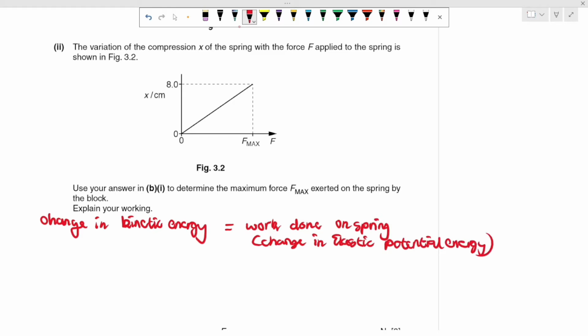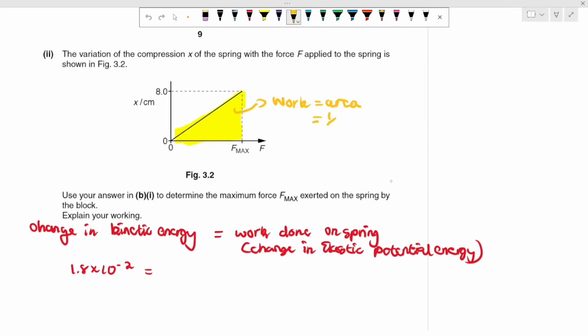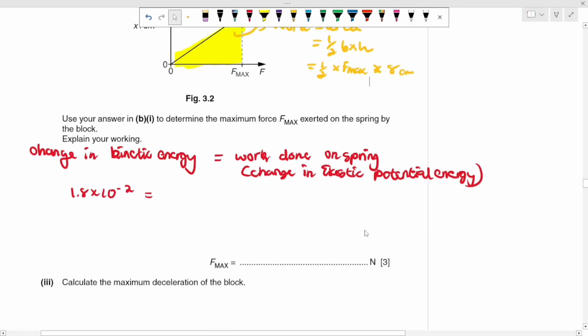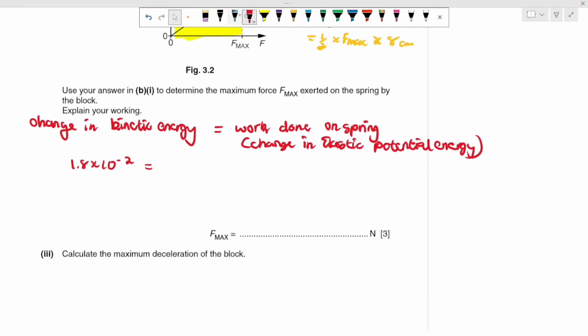Okay, so the change in kinetic energy, as we've calculated from above, is 1.8 times 10 to the power of -2. And how would you find the work done? It is essentially my base times my height, which is half. My base is F max, then my height here is 8 centimeters. So my change in kinetic energy would just be equal to 1/2 F max times x, which is 8 times 10 to the power of -2.